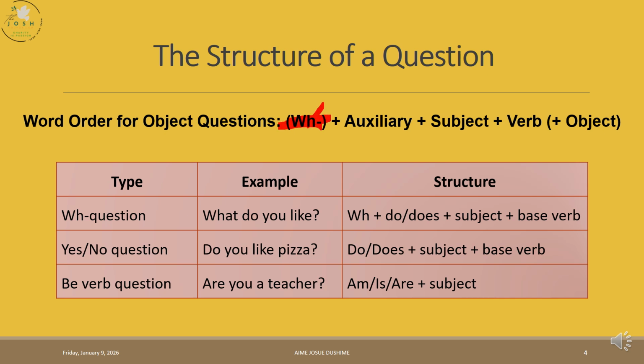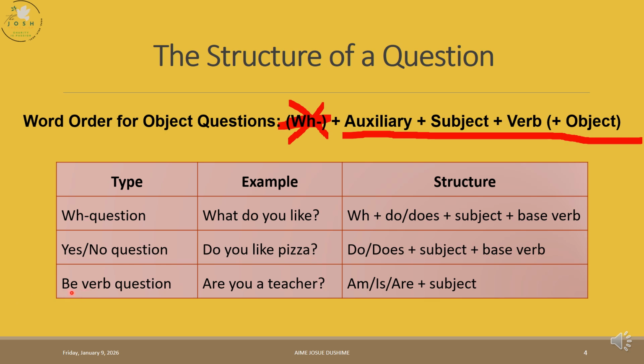Then we stay with auxiliary, subject, verb, plus object if you want. That is what we call the yes/no question. The answer is supposed to be yes or no. For example, I can say, do you like pizza? You're going to tell me yes, I do, or no, I don't.